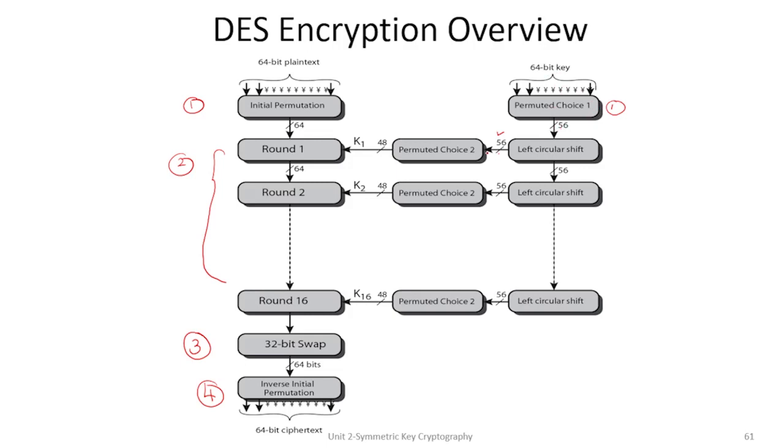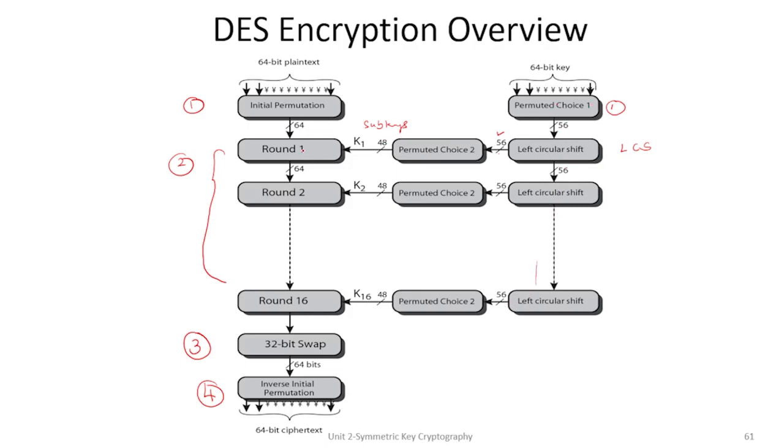Then for each round, we should generate different subkeys. Here K1, K2 are called subkeys. How can they be generated? We perform a left circular shift. For each round, from the given 56-bit key, we use a left circular shift, so the values differ at each round. So for 16 rounds, 16 left circular shifts are done at the key side.